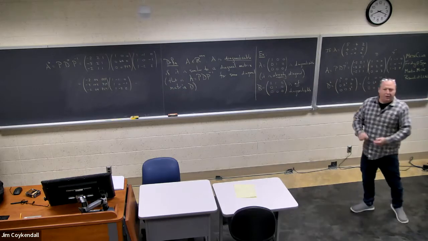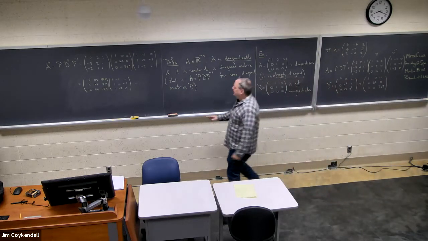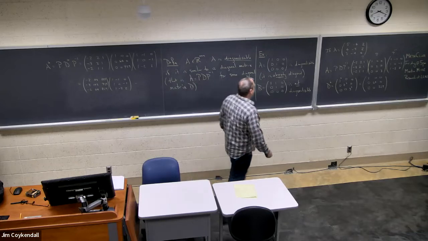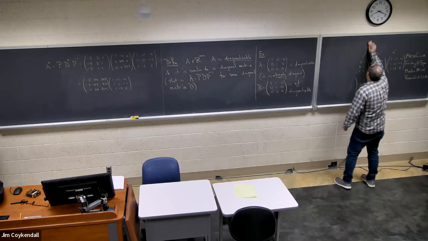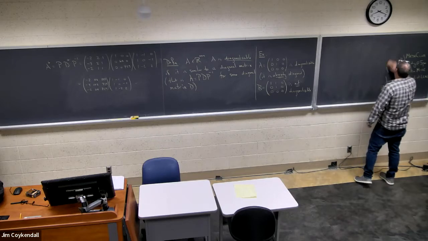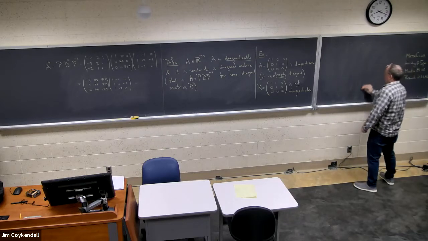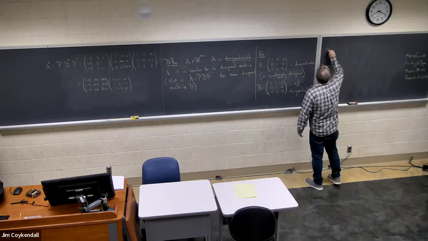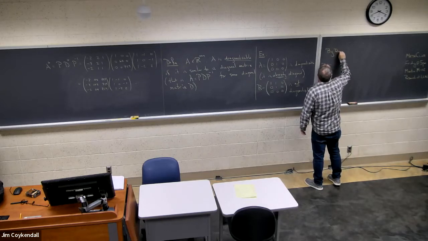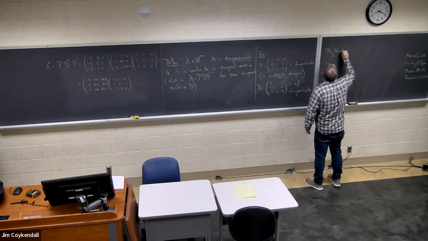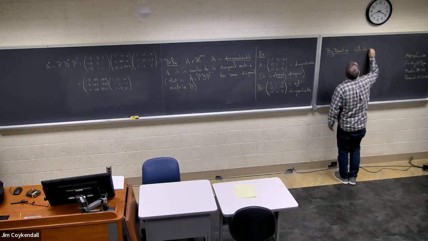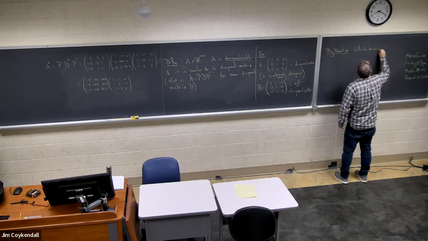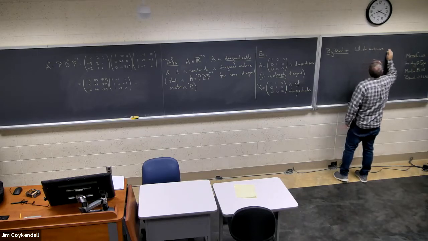And I'm going to give you a theorem that will allow you to see this fairly quickly. We'll do some examples of this. So the big question is, which matrices are diagonalizable?